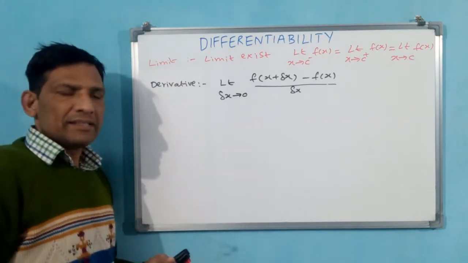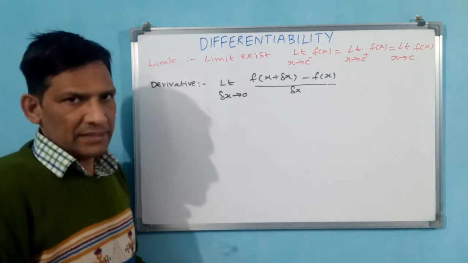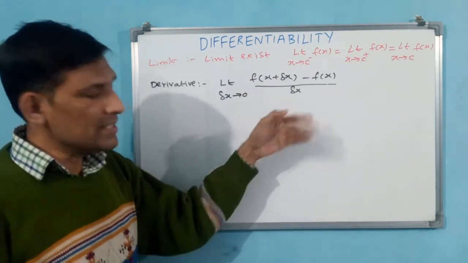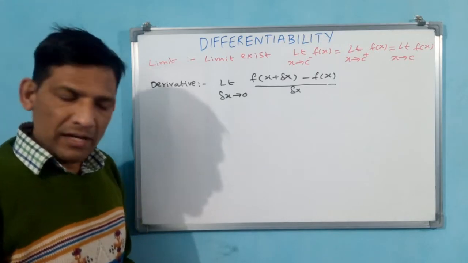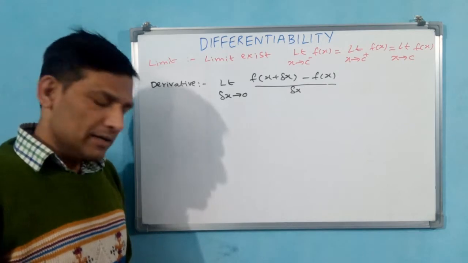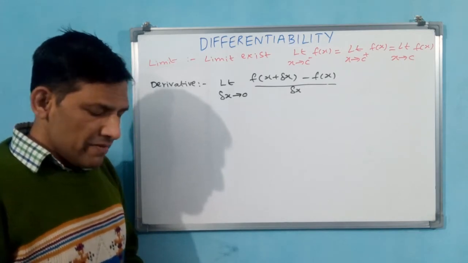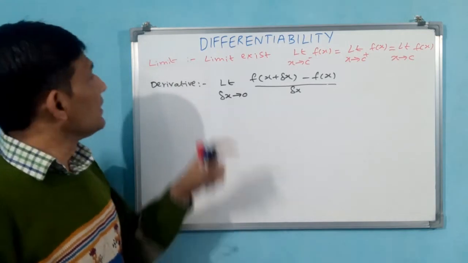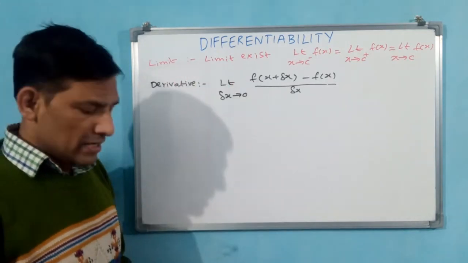Directly we can say like that. Delta y by delta x also we can say. This is delta y, this is delta x. Okay. See, this is derivative. Derivative we have done. Limit also we have done.